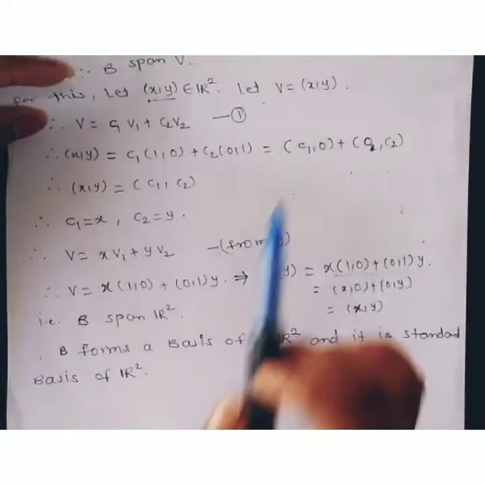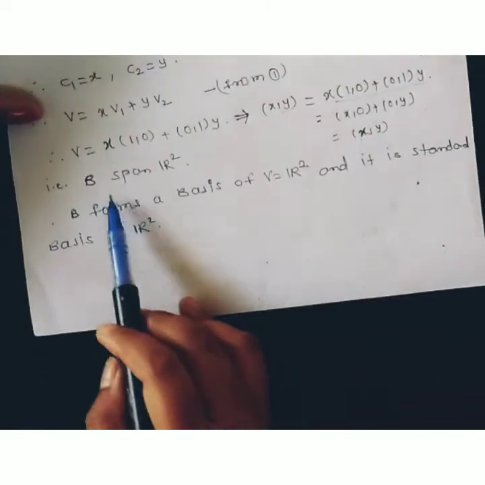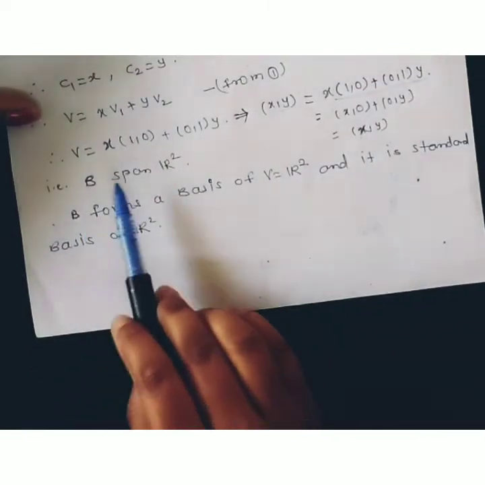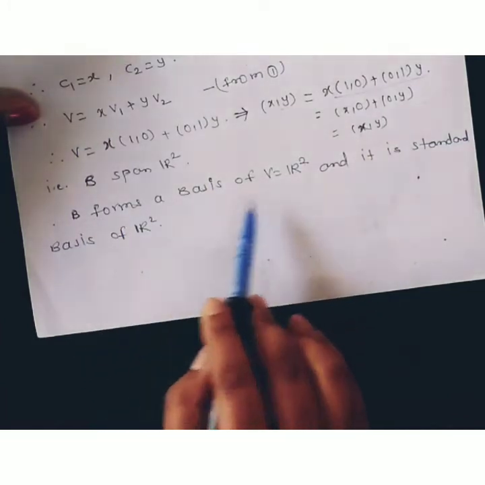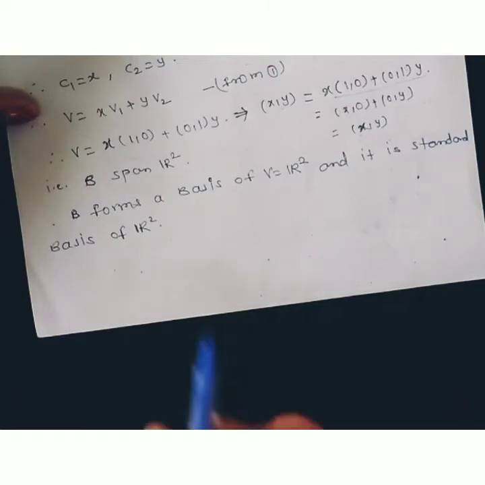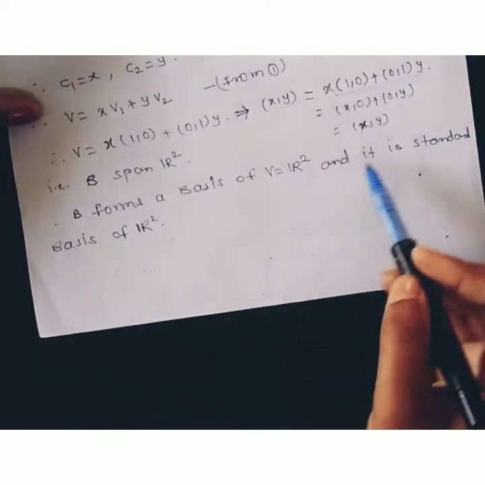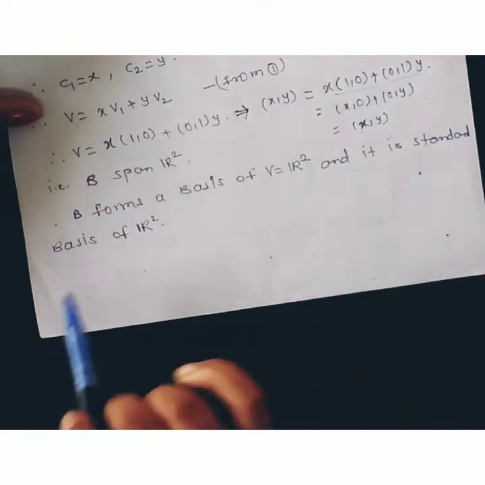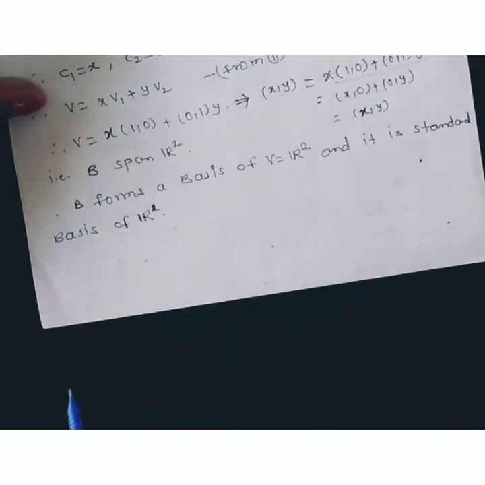Therefore the given set is linearly independent and also spans R2, which fulfills the properties of a basis. Therefore B forms a basis of V equal to R2, and it is the standard basis of R2.